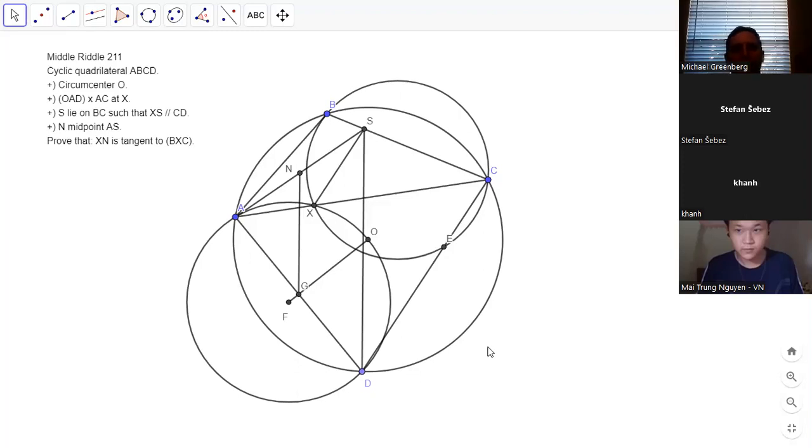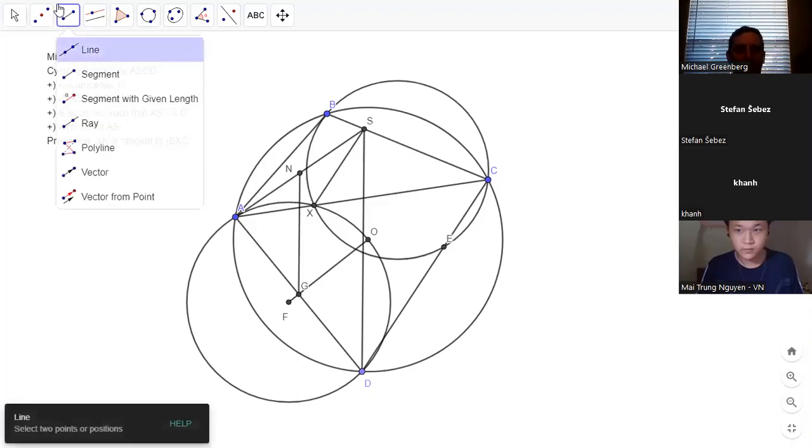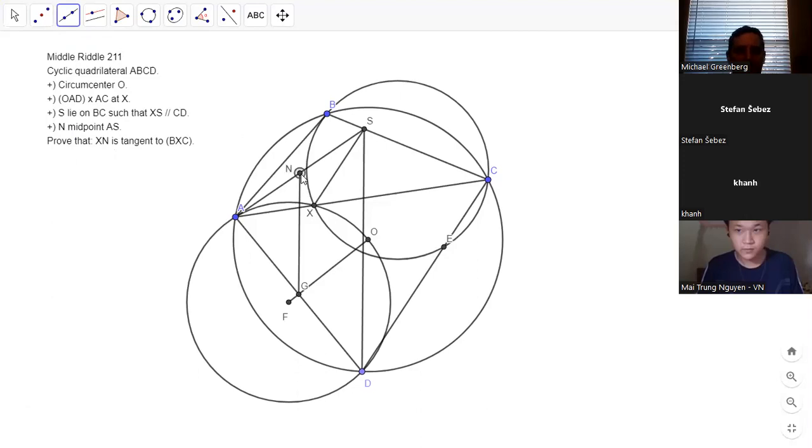So GN is parallel to DS and XS is parallel to CD. Maybe those two parallel lines could give us similar triangles. So if we extend GN to meet CD, OX is perpendicular to DC.